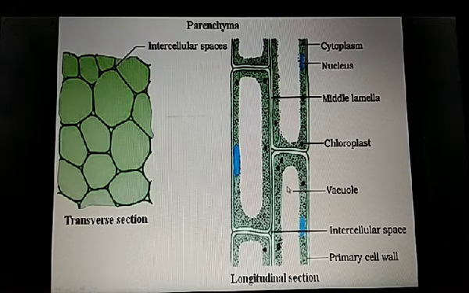As you know, in a plant cell it covers around 90 to 95% of the cell volume. And this is the middle lamella. Lamella means a thin membrane between two cells. And chloroplast, intercellular space, as you can see here, and cell wall. There are primary and secondary cell walls, but here only the primary cell wall is shown in this longitudinal section.